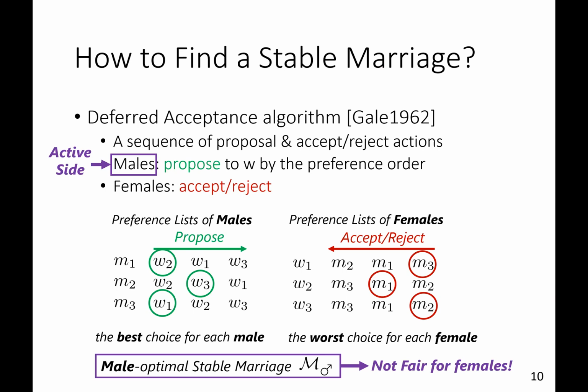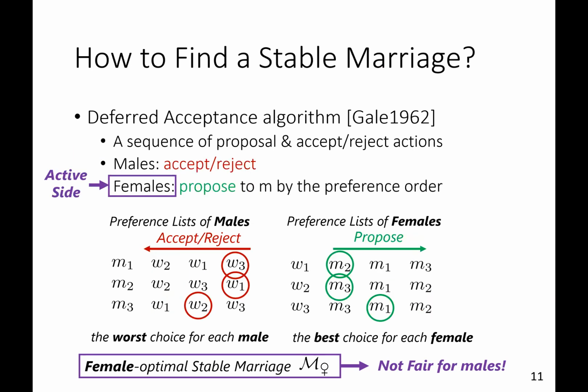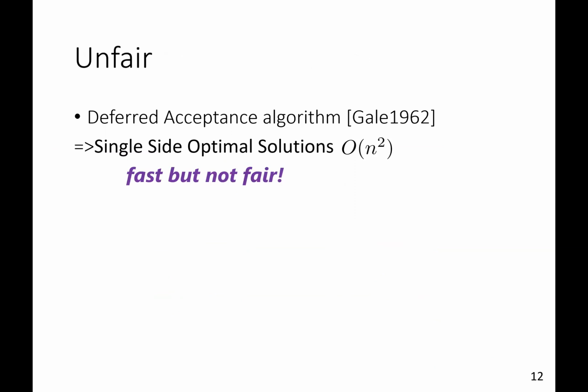Obviously, it's not fair for females. And if we switch the active side to females, we can get the female optimal stable marriage. It's not fair for males. The deferred acceptance algorithm can find the single-side optimal solutions in O(n squared) time. It's fast, but not fair.